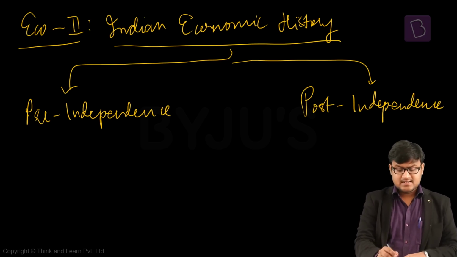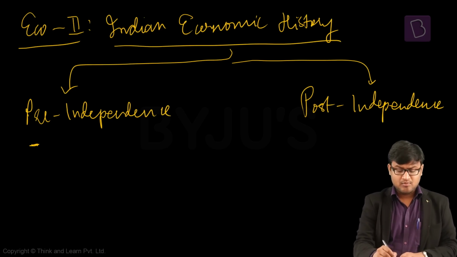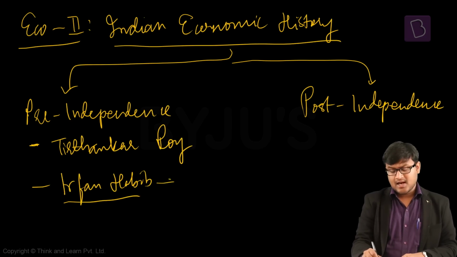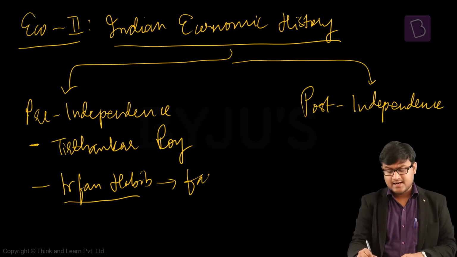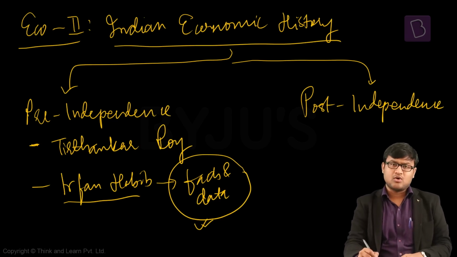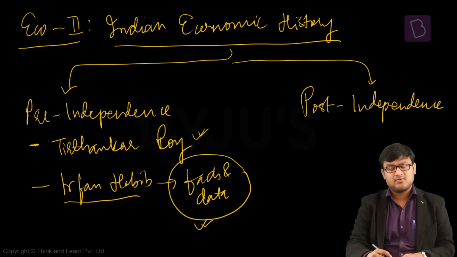In pre-independence, the syllabus mentions different topics, and these can be covered from book by Tirthankar Roy and Irfan Habib. Irfan Habib gives you some facts and data. So these facts and data, you can note them down and use in your answers. Otherwise, topics Tirthankar Roy covers really well.